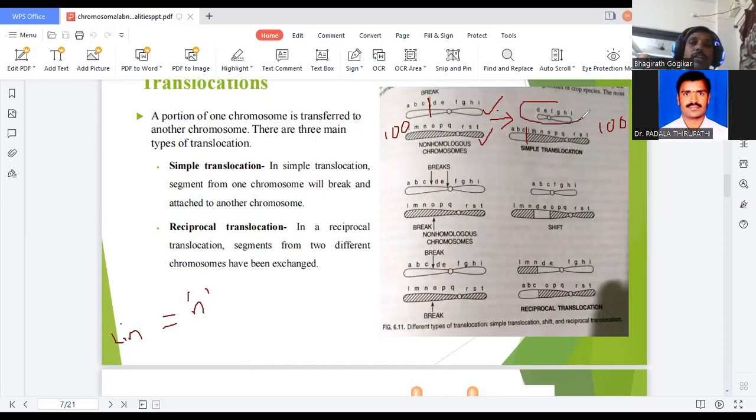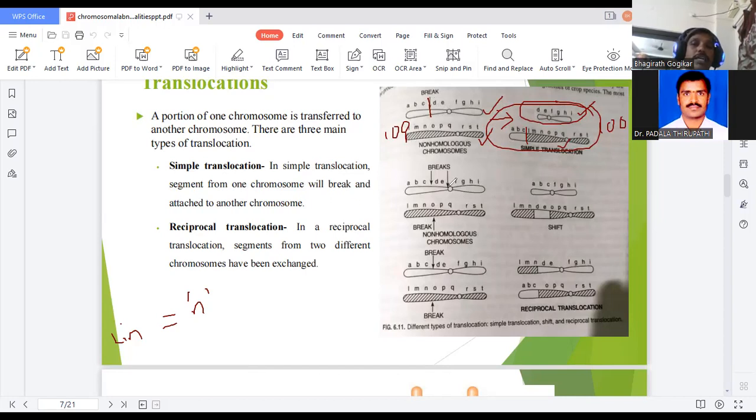The corresponding homologous chromosome's gene number is less and the other contains more. Altogether, the gene number is the same. So how many breaks does it require? One break to cut the segment from one chromosome, and it is attached to the terminal part. So one break is enough for a simple translocation.